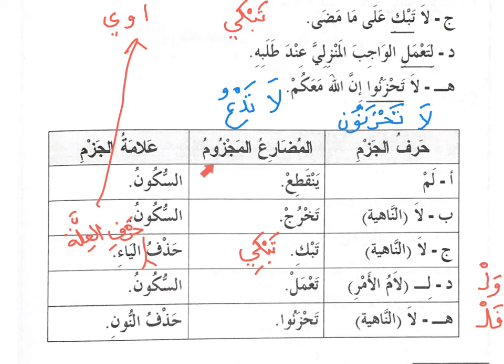Whenever a mudari' is in the state of majzoom, of course the alama will change. Since this is a fi'l that ends with waw nun, or not just waw nun, it can be a fi'l which ends with alif nun, and also a fi'l which ends with ya nun, this fi'l is now majzoom bi hazfin nun, by removing the nun.